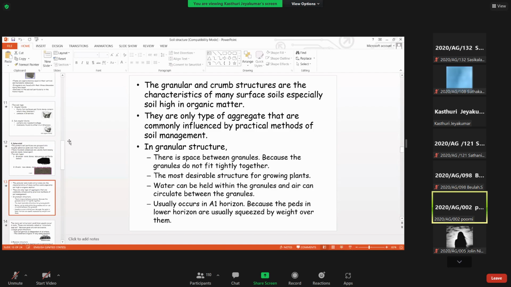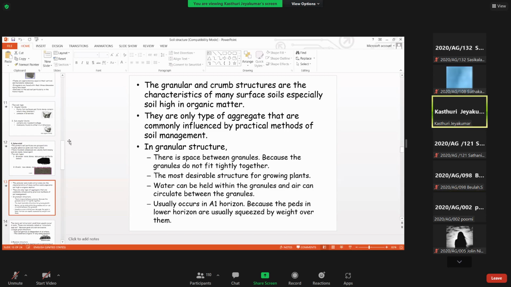In granular structure, there is space between granules because the granules do not fit tightly together. The most desirable structure for growing plants. Water can be held within the granules and air circulates between the granules. Usually occurs in A1 horizon because the beds in lower horizons are usually squeezed by the weight over them.